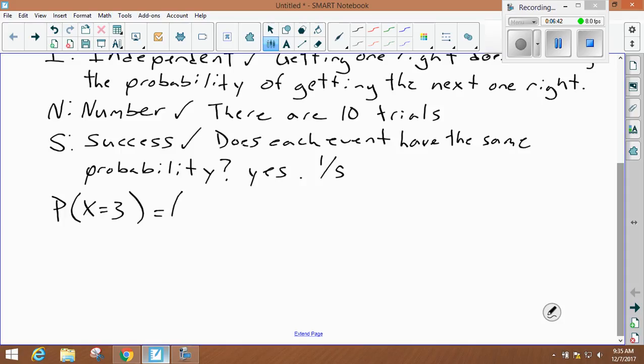So n choose k times our probability to the kth power times 1 minus our probability to the n minus k.